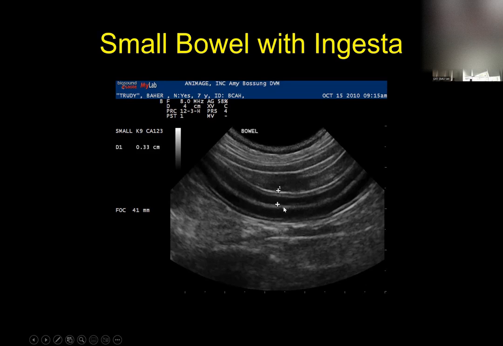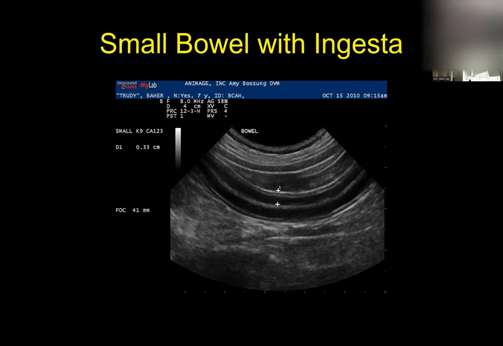Now, the other thing that you need to keep in mind, and this blows people's minds sometimes, but you'll understand it in a second, is this middle portion of the bowel, that white line running down the middle of it, that is the lumen of the small bowel. Normally, none of us run around with food and water and beer and milk in our bowel. Most of the time, the small bowel is a potential space.